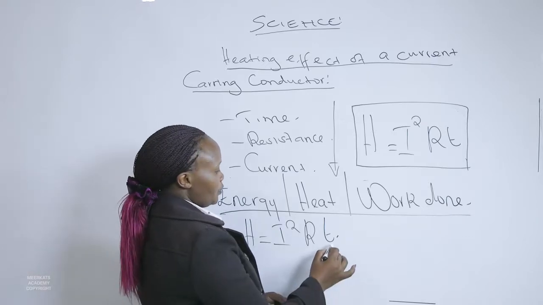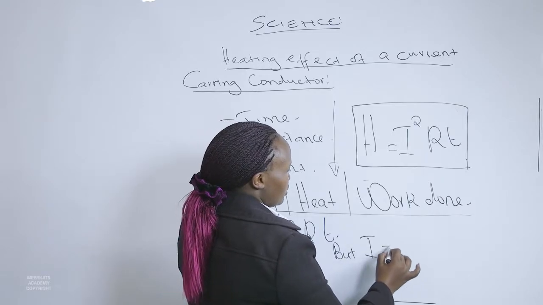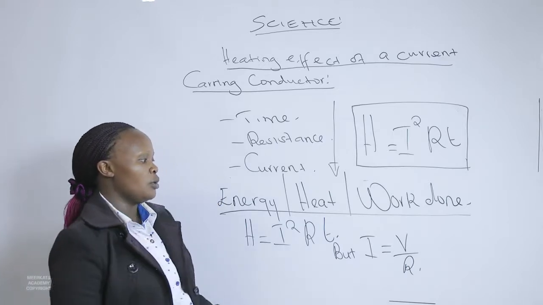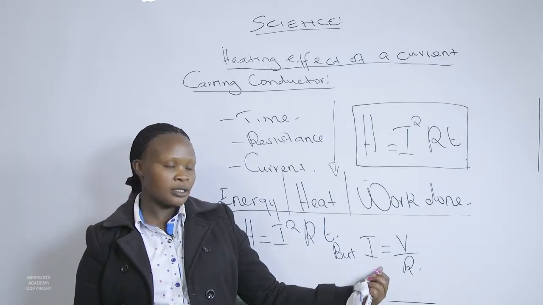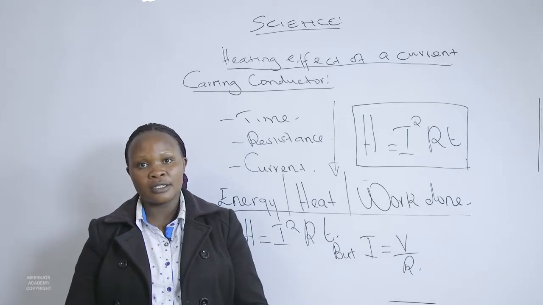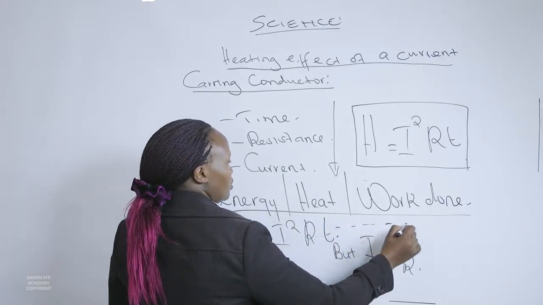But we recall that I is equal to V over R, where I is our current, V is the voltage, and R is the resistance. Now, we can substitute.